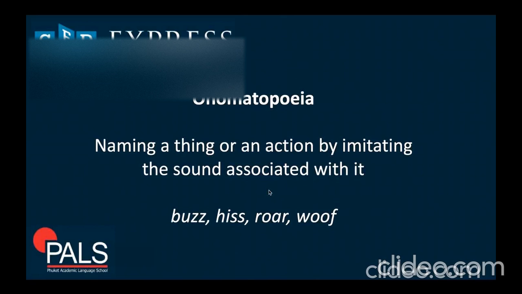Onomatopoeia is naming a thing or an action by imitating the sound associated with it, like buzz, hiss, roar, and woof. So sometimes you say "I am buzzing right now." That means you're busy, because bees are usually busy. That's what they say, busy as a bee, right?